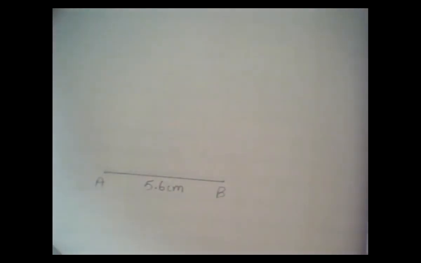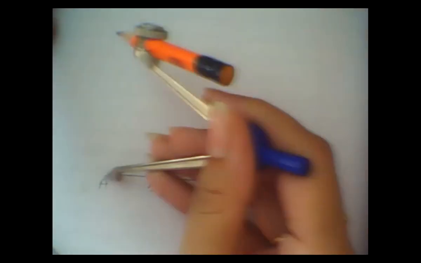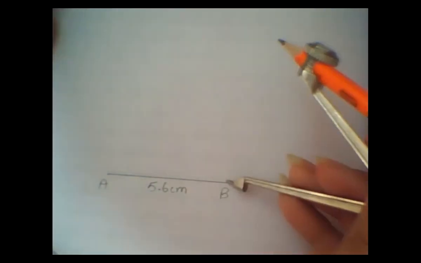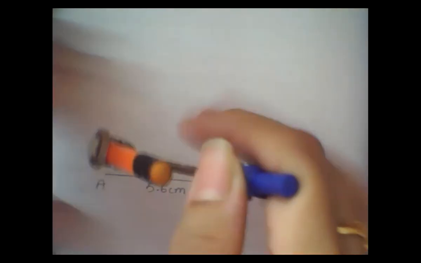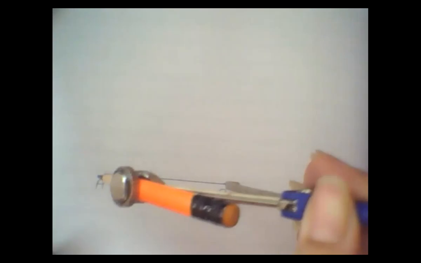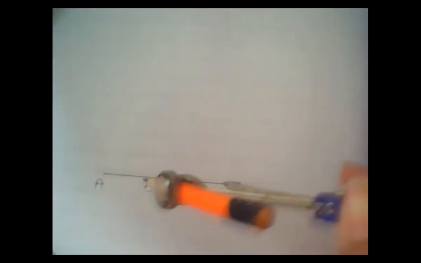Then we have to draw a perpendicular on B or A. It's your choice. Here I am putting the compass on B, and open your compass more than half of this line segment AB.